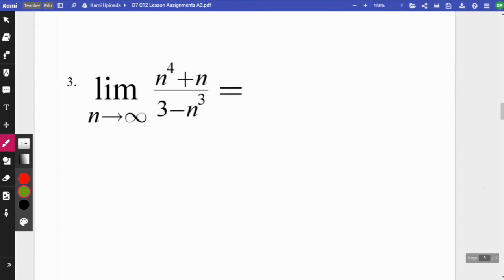Okay, this is another interesting example, very necessary to get to. So on the denominator, we look to see which variable has the largest exponent. It's right here. So we need to divide everything by n to the 3rd.